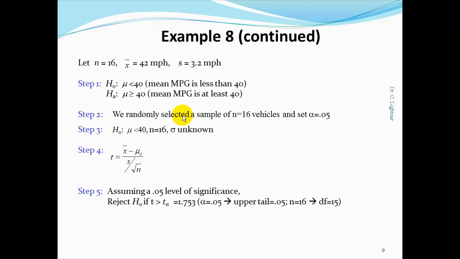Before doing this research, we should note our null hypothesis, which is the population mean is less than 40, our sample size, which is n equals 16, and any information that we know about the population. For this problem, since the population standard deviation was not given, we have to assume that sigma is unknown.